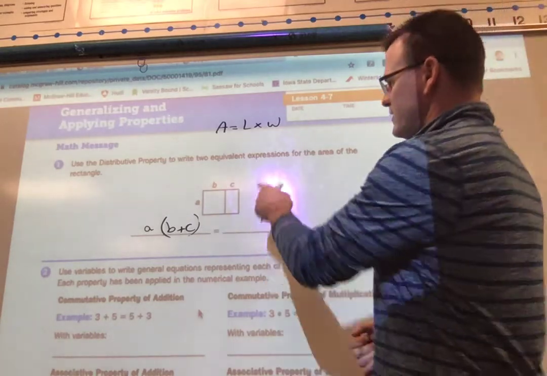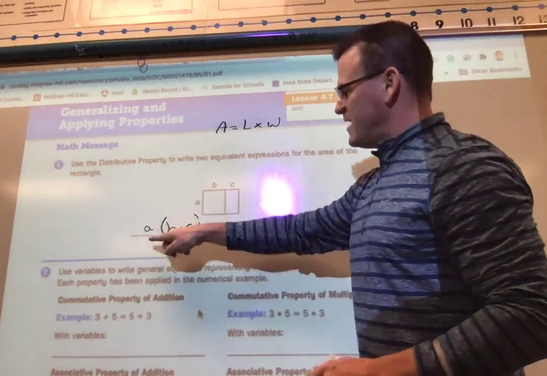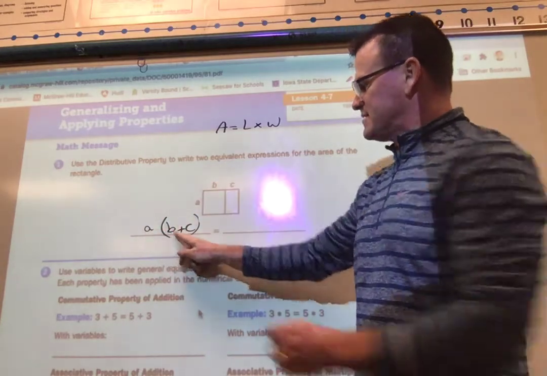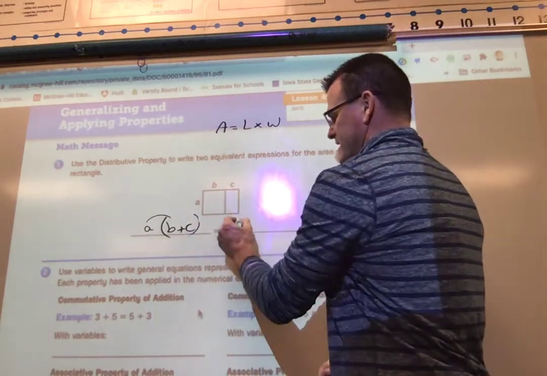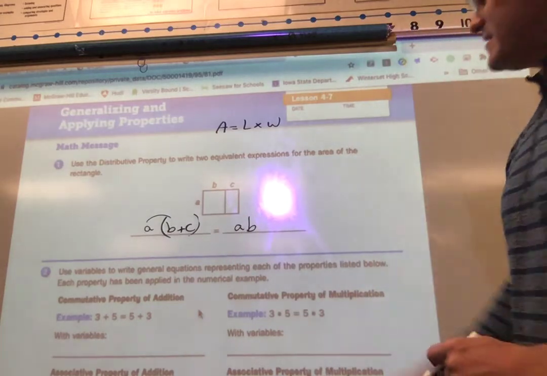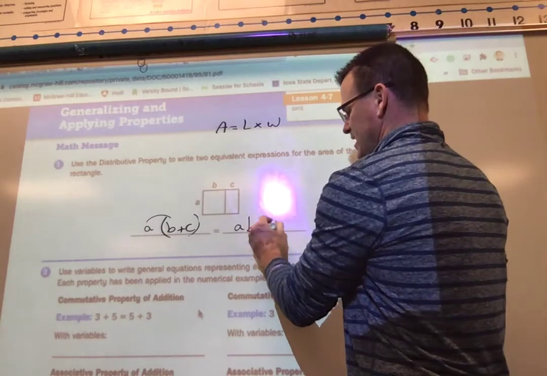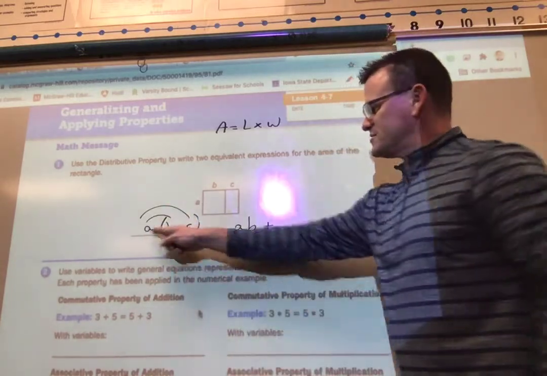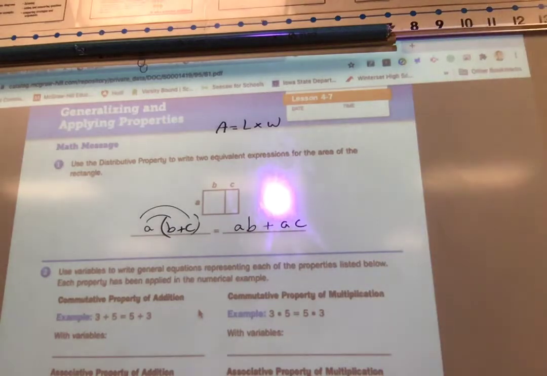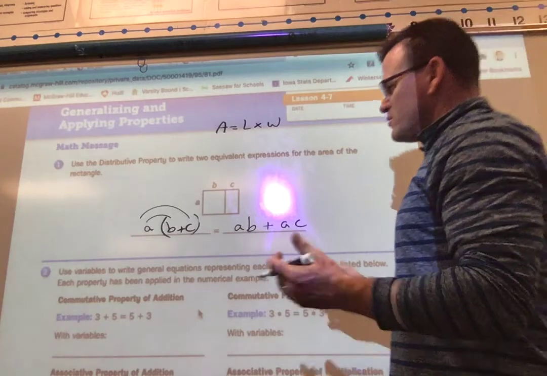Now to use the distributive property, we distribute the A through the parentheses. I have to take A times the B. We don't need a multiplying sign, so A times B is just AB, plus, and we must also take A times the C. So A times C. Now I have generalized this, and we know this would work for any numbers.